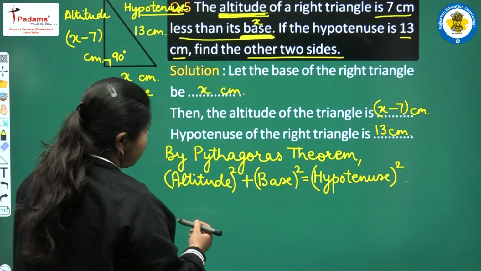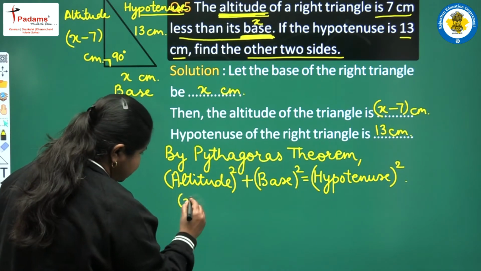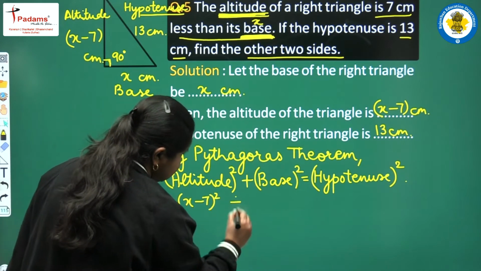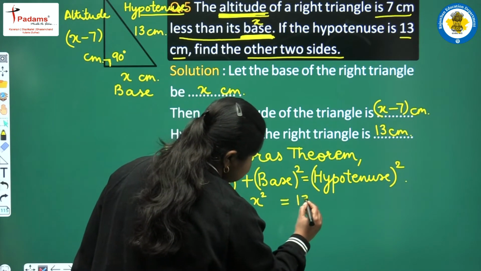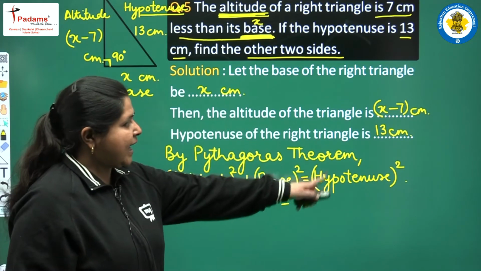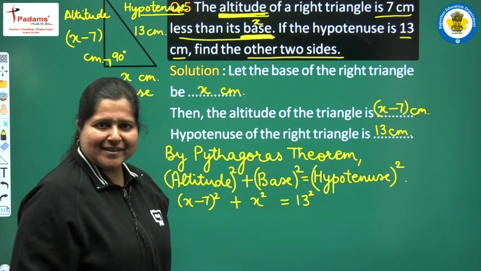बस अब हम रख देंगे यहाँ पर altitude की जगह ले लेंगे x minus 7 whole square plus बेस है हमारा x, so x square, this is equal to 13 square as the hypotenuse is 13 centimeters.